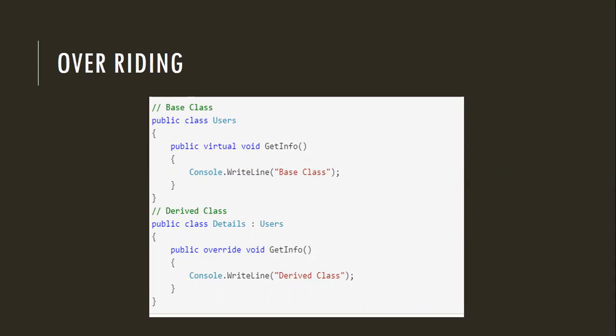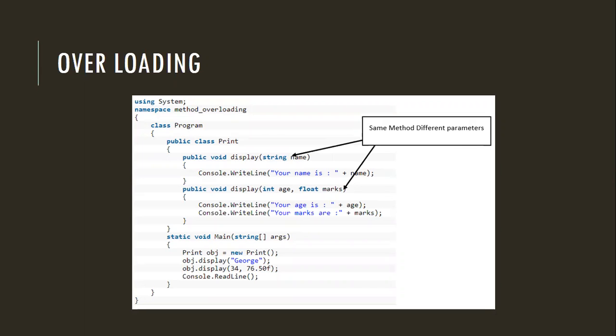The same method but different implementation. But overloading කියලා කියන්නේ you will get the same method. Display කියන එක තමයි method එක. Display is the method, but what you do is you are displaying with different parameters. String name එක මෙතනින් parameter එකක් විදිහට එනවා. Age and marks are being passed as the parameters in the overloading.